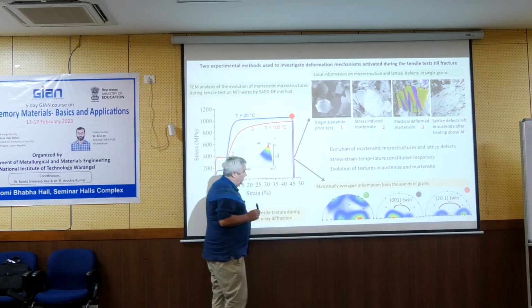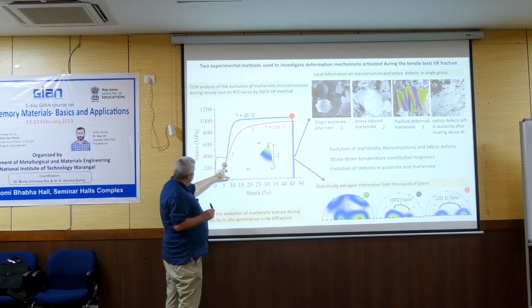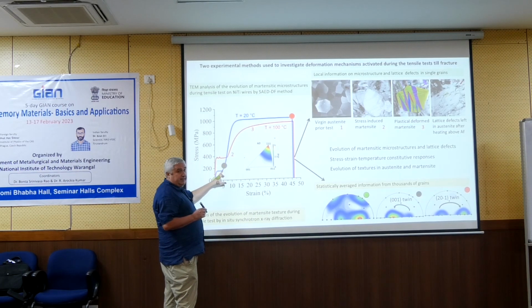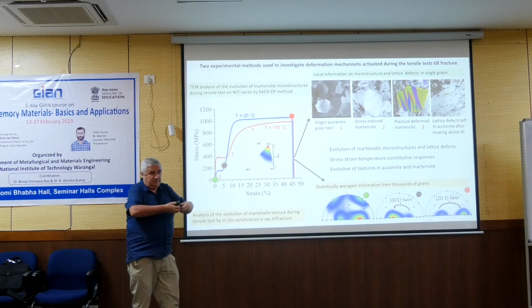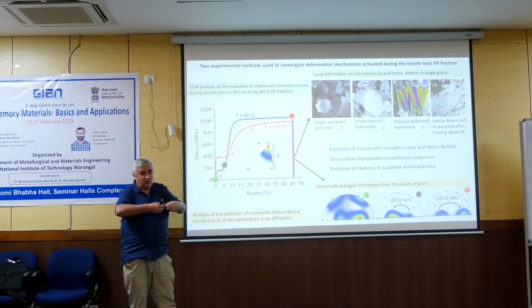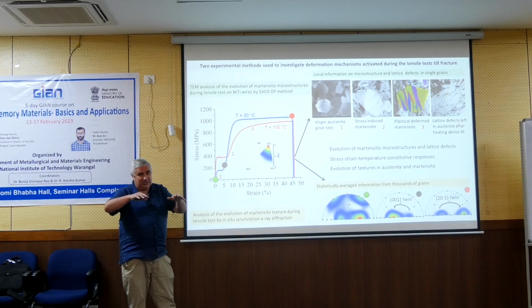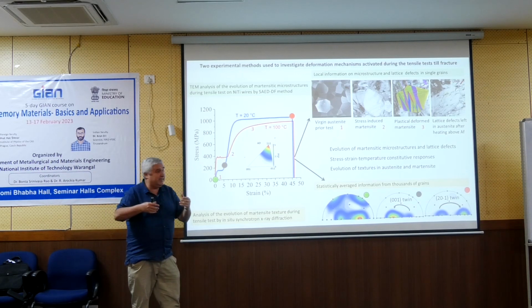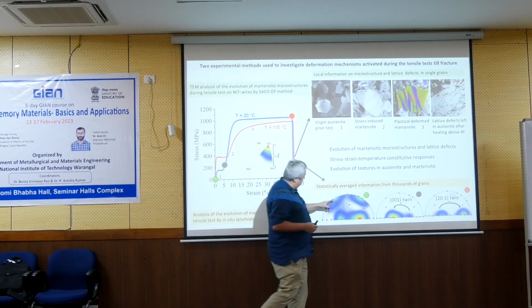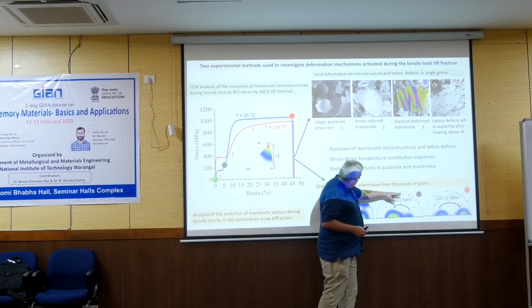And now if I look in this state after the reorientation, so this is when you pull the wire, it's soft, the variant changes, you have oriented martensite, then this, and this will disappear.